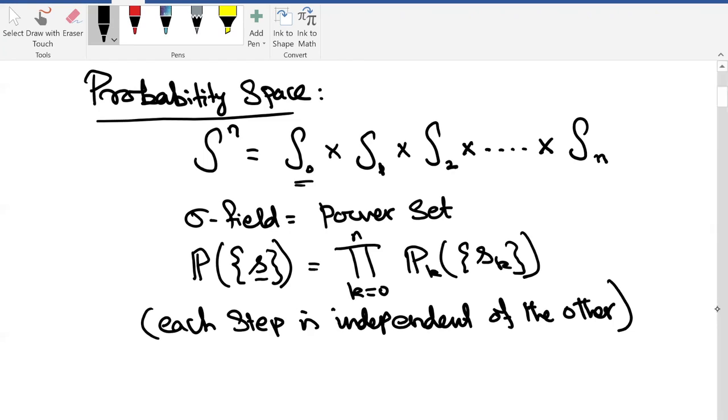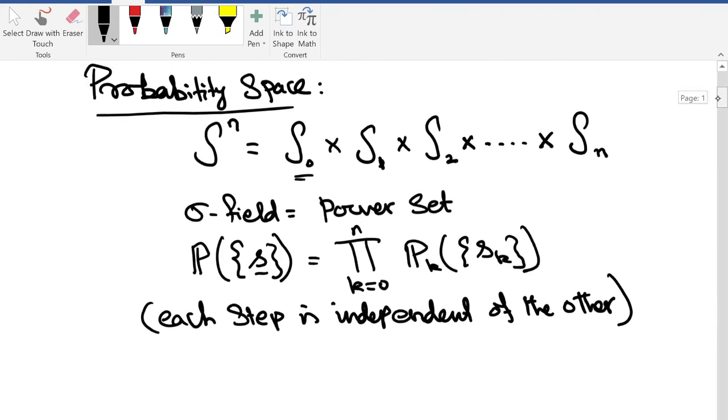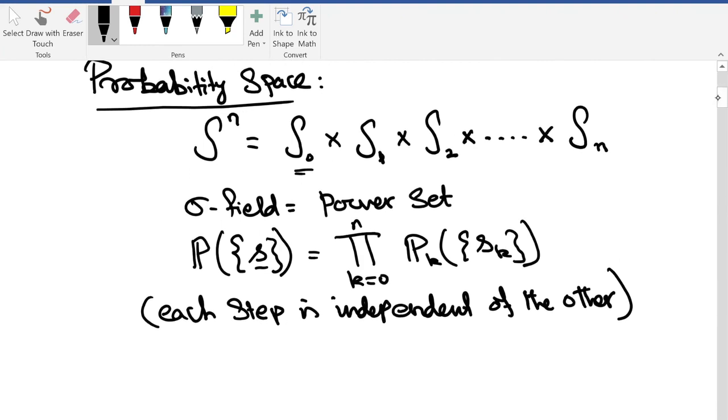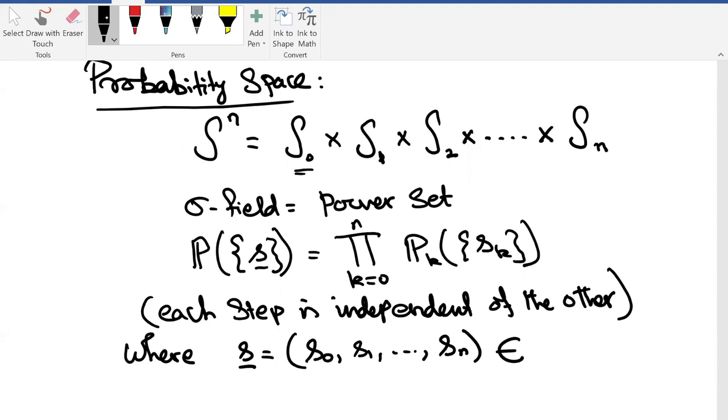You have to think like that. The practical situation may not be like this, but one has to assume this in order to use all these probability space tools. Here s is (S0, S1, up to Sn), a possible outcome of your experiment. That is, it is an element in your sample set.